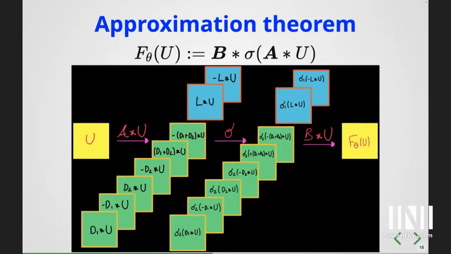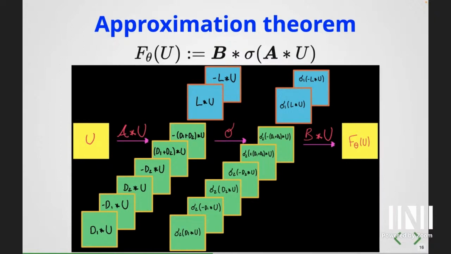So the first linear layer is simply trying to extract the meaningful information from our image, our matrix, that relates to all the derivatives we need, more or less. And then the sigma part is essentially trying to combine, we just apply the nonlinear function to all the matrices.